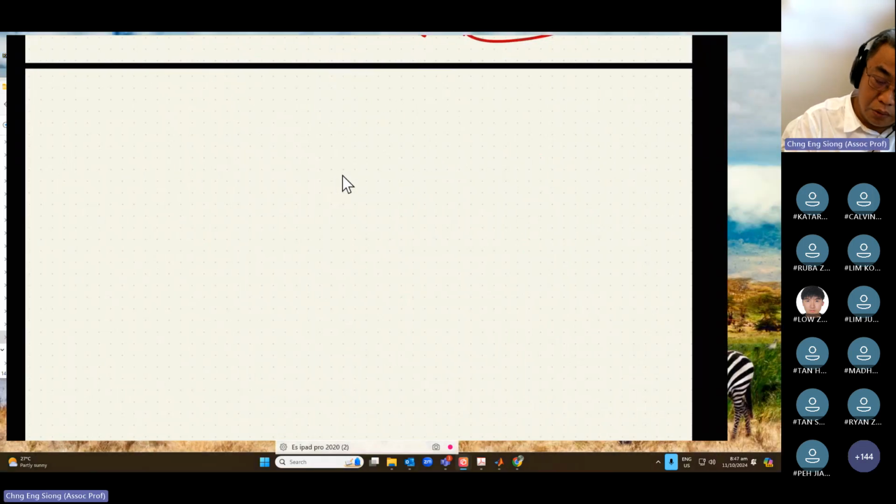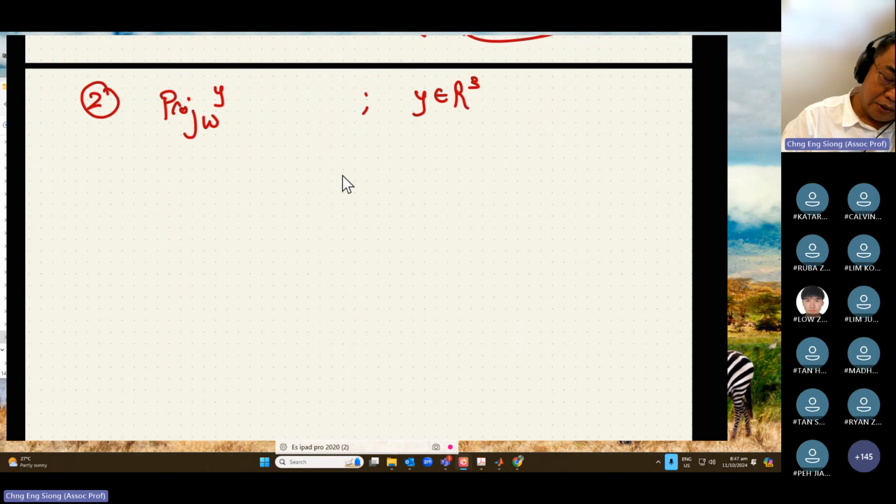We want to project Y onto W. Then you say it's the same thing, but no more. So I'll give you a simple concrete example. Y is R3, W is the span of, guess, guys, what do you think I'm going to write? The span of what?